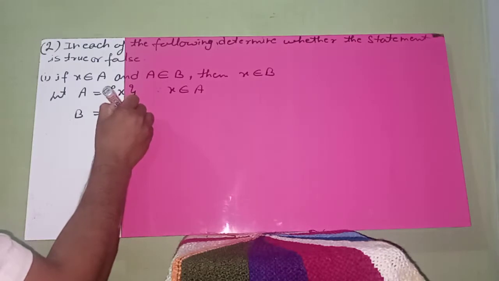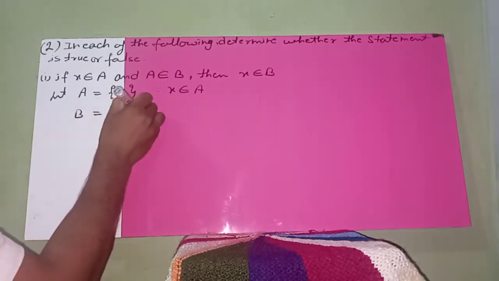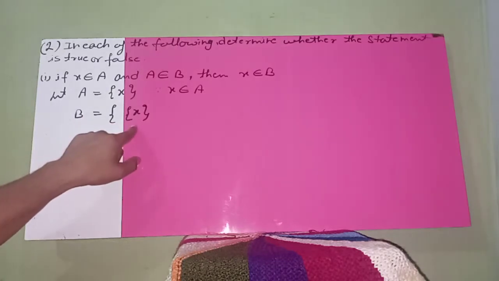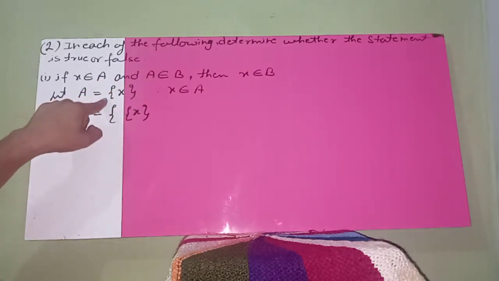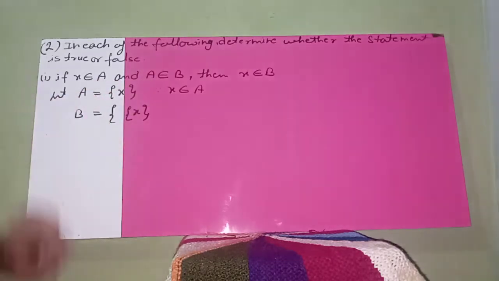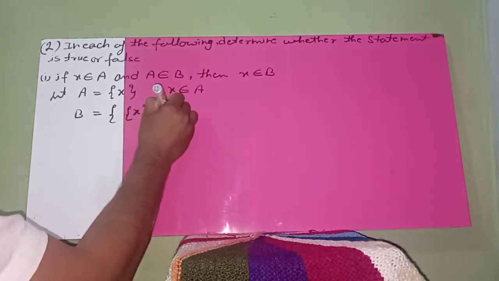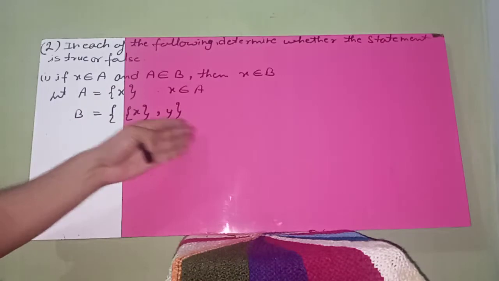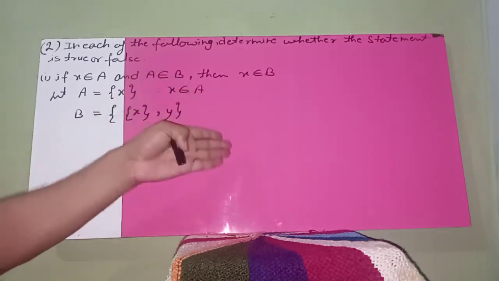So in set B you take one element, that is set of x. It means set B के अंदर का आपने फर्स्ट एलिमेंट क्या ले लिया, set A ले लिया, complete that is. Okay, now in set B you take one more element. If you want to take one more, say Z, you can take.